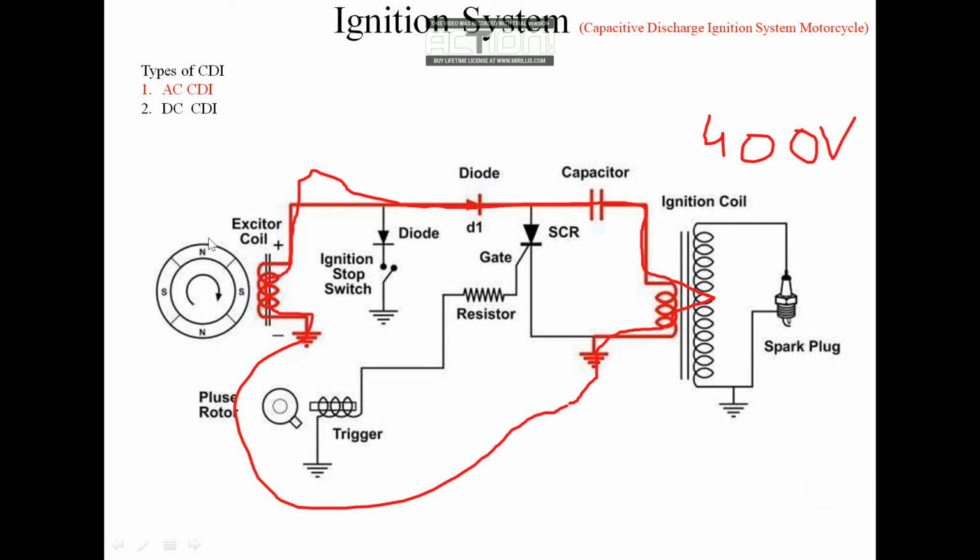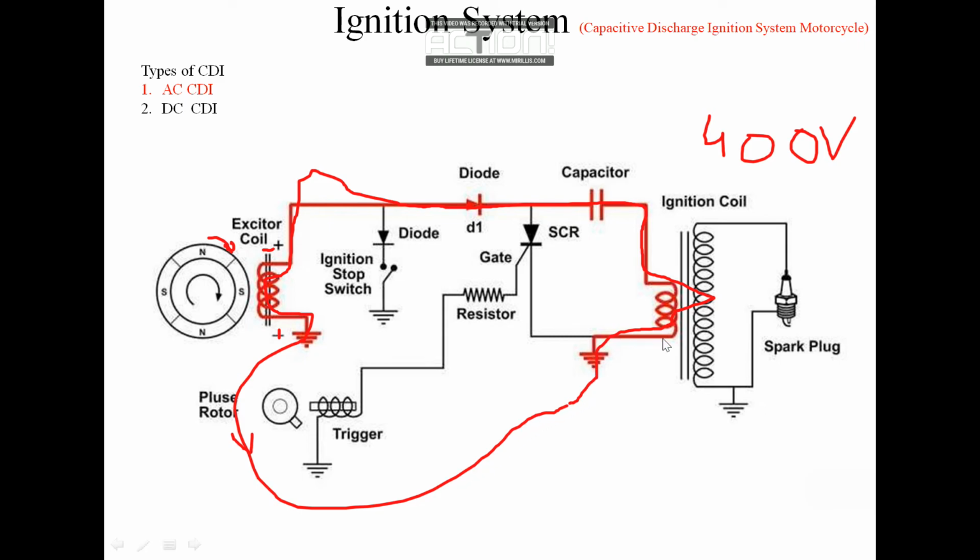As soon as N comes in front of your exciter coil, this polarity changes. This becomes negative and this becomes positive. So now the current direction is opposite. It starts to flow in the opposite direction.